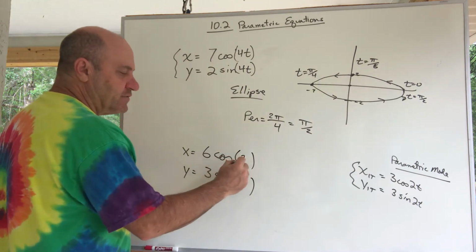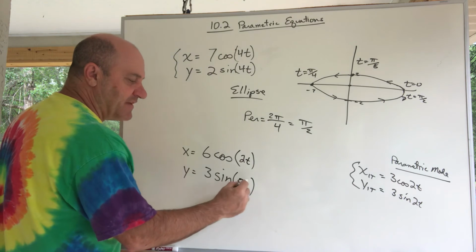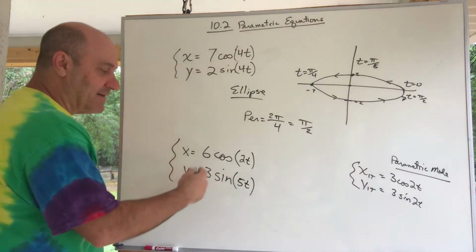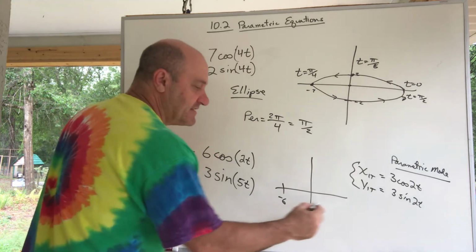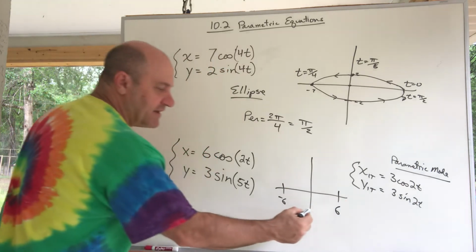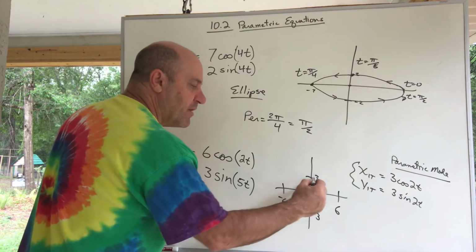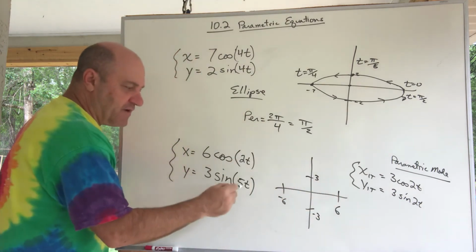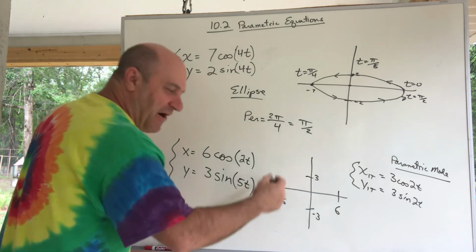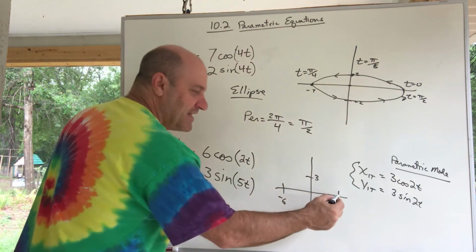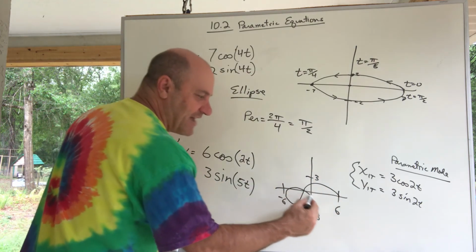Make this a 2t and then make this a 5t. Dude, that is wild. The x's live between -6 and 6. The y's live between -3 and 3. But the way it travels with those different angular velocities, it doesn't stay on the circle. It doesn't stay on the ellipse.